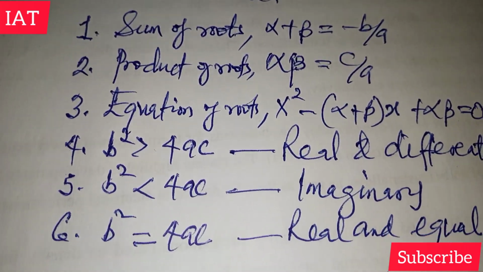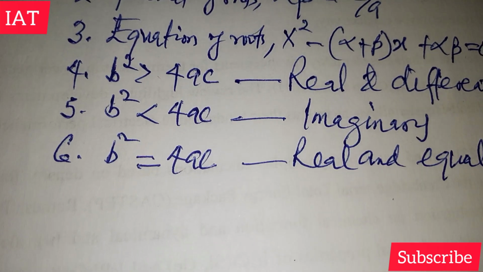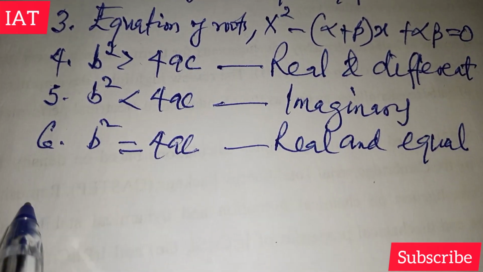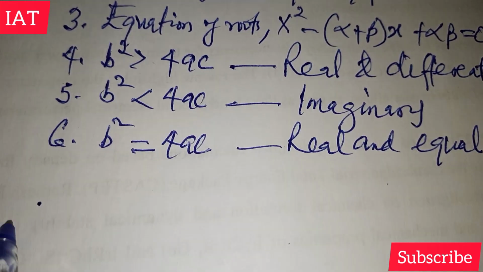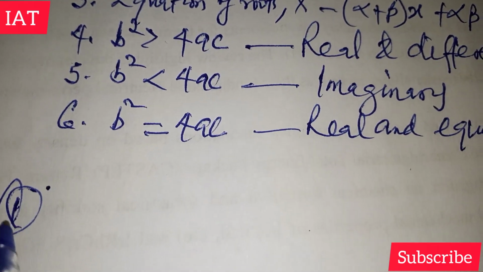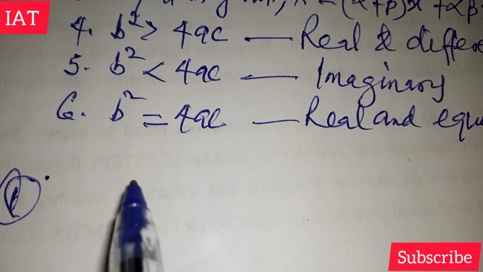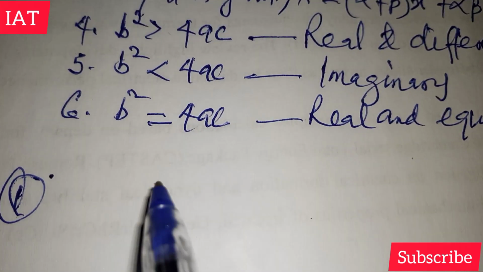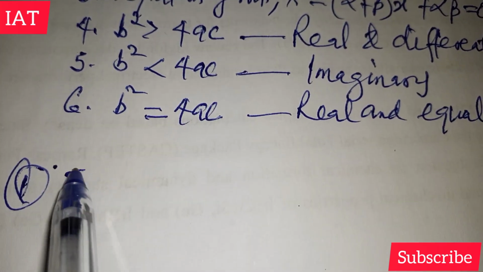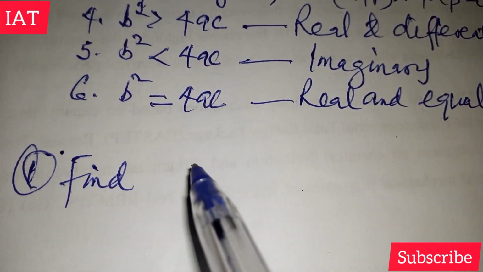So let's look through some problems to see how we can make use of any of these things. So the first problem I want to introduce for us to solve is this. Let's find the sum and product of the roots. Let me put it down.